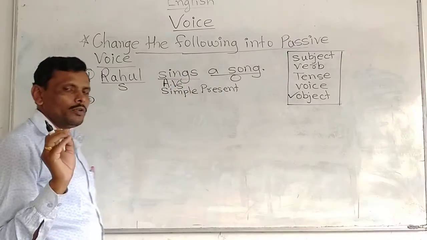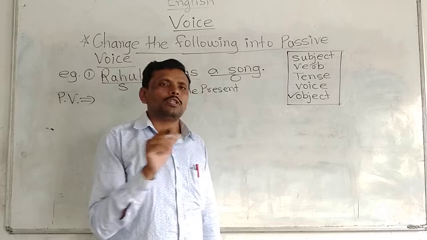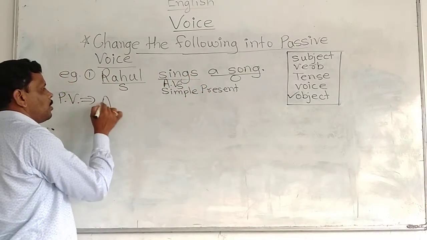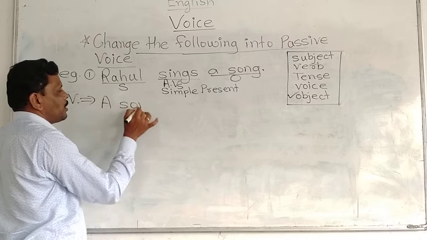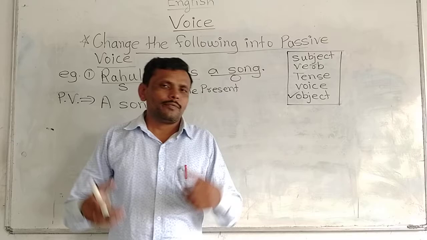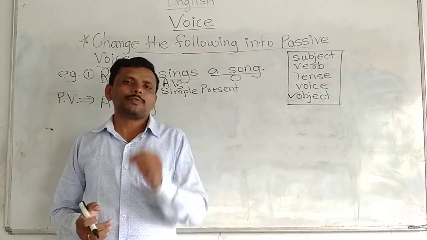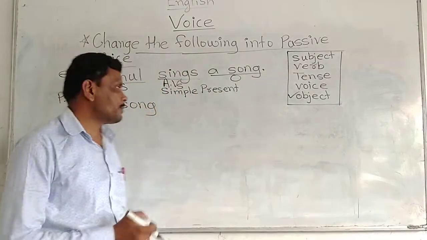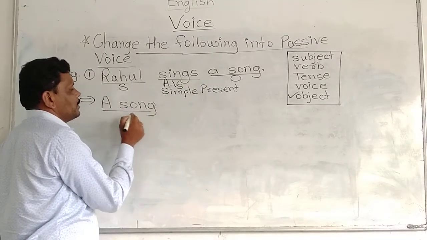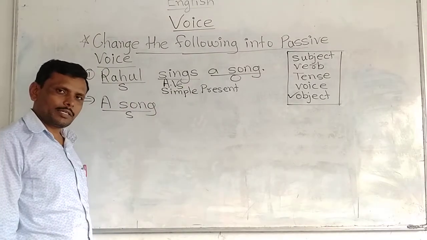We are going to give importance to the verb, so we have to place the object at first. The object is a song. A must be capital because each and every sentence begins with a capital letter in English. A song, the object, is placed here as the subject.